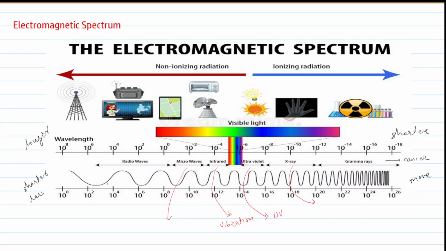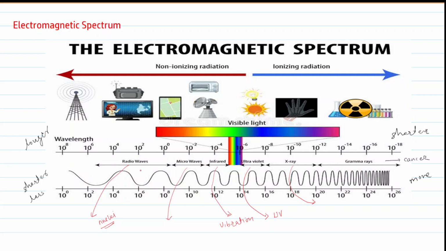And these radio waves have less energy, therefore they cause the excitation of the magnetic nuclei. These radio waves are generally used in NMR spectroscopy, which gives a clear idea about the position of the proton, the position of the carbon, depending upon the delta values.